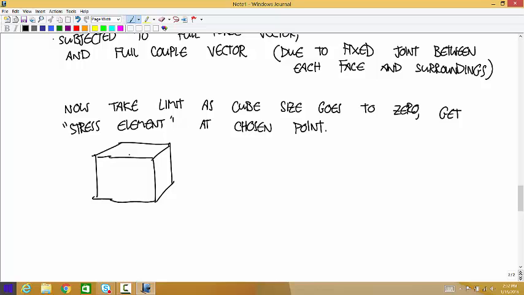Well, those forces actually go down to zero too, but if you take a ratio of the forces to the surface area, those don't disappear.